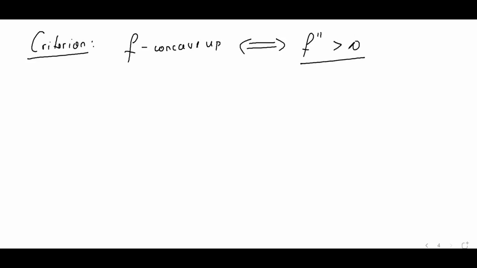So remember, f prime is increasing, f prime prime has got to be positive. So that's the criterion here. And similarly, concave down means f prime prime is negative. So I'm not going to write that. But these two together help us go a long way towards graphing a function without a calculator.